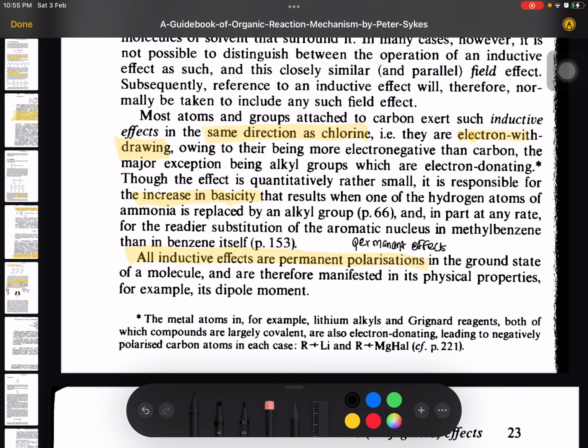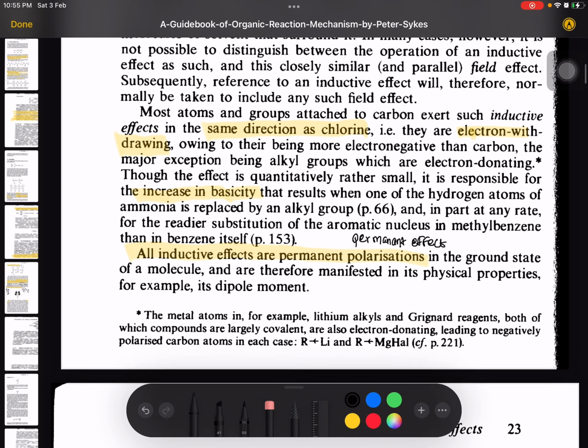Most atoms and groups attached to carbon exert such inductive effects in the same direction as chlorine. They are electron withdrawing groups, owing to their being more electronegative than carbon, the major exception being alkyl groups, which are electron donating groups.